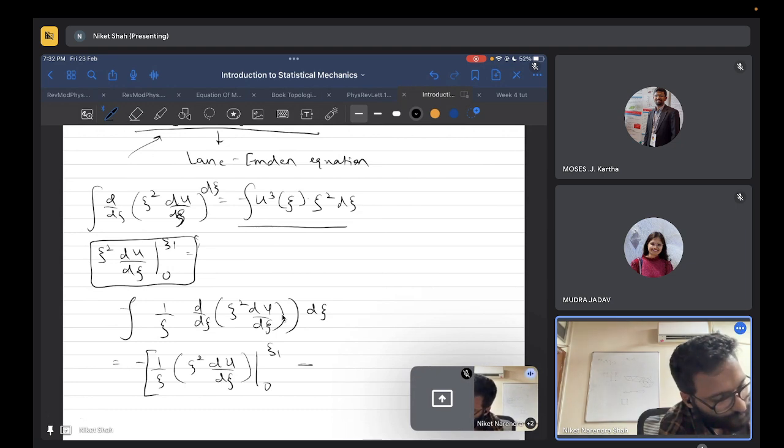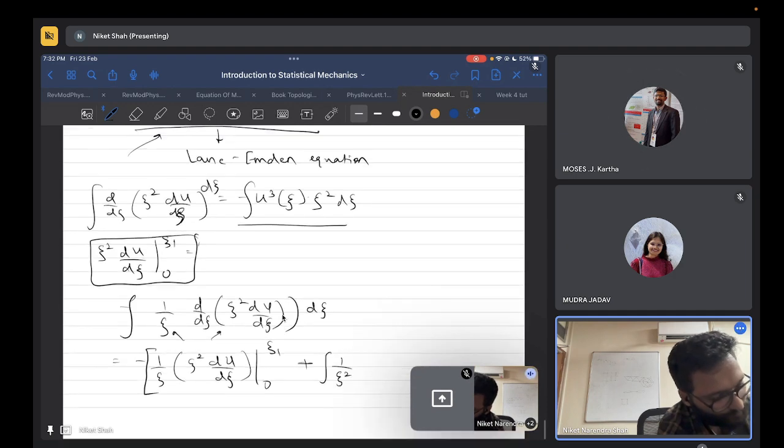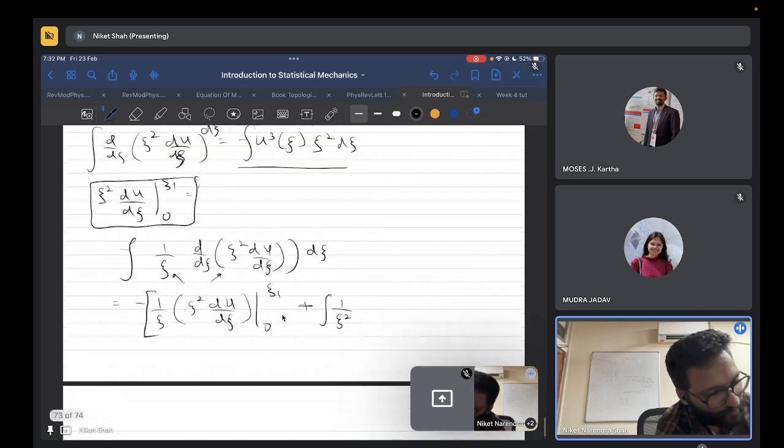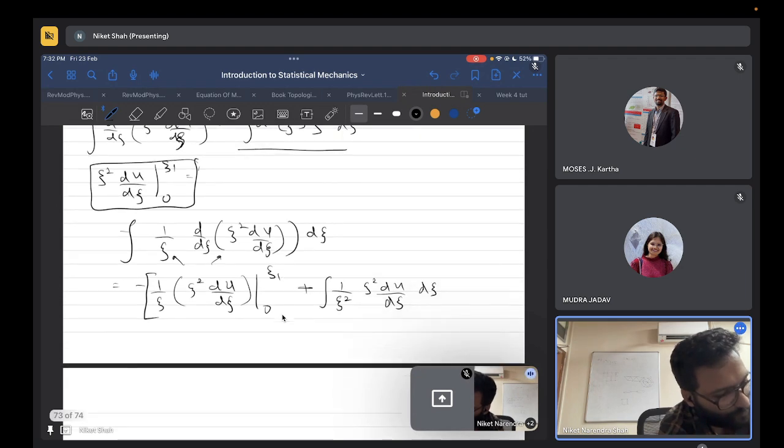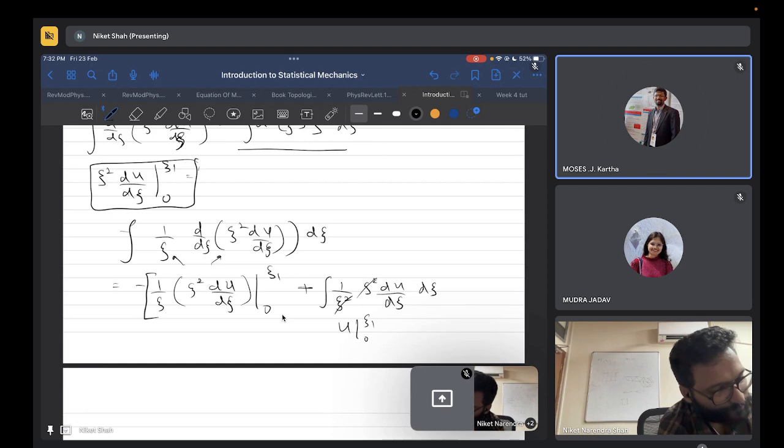Minus, integration will be, this will integrate, this will differentiate. So that will be plus, because minus 1 by chi square, that I differentiated. This I integrate: chi square du by d chi d chi. This is the integration. 1 by chi square into chi square du by d chi, this will simply be, okay, cancel this out. I'll get u.